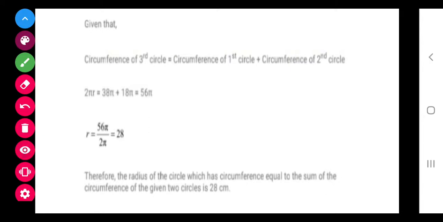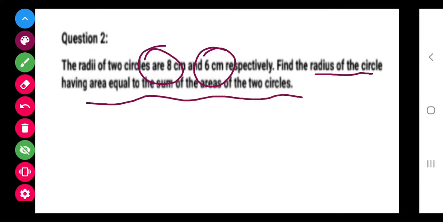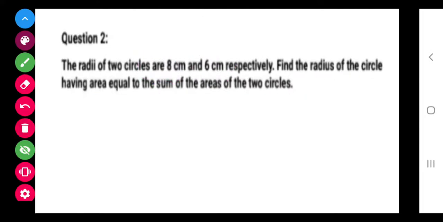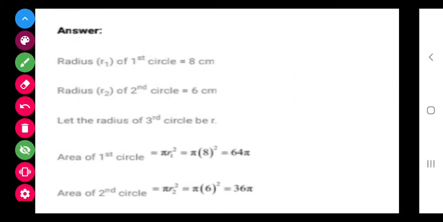Now moving to the next, radius again given, and the condition here is that we have to find the radius of that circle whose area is equal to the sum of the areas of the two circles. So again the same process, they have considered first area, second area.